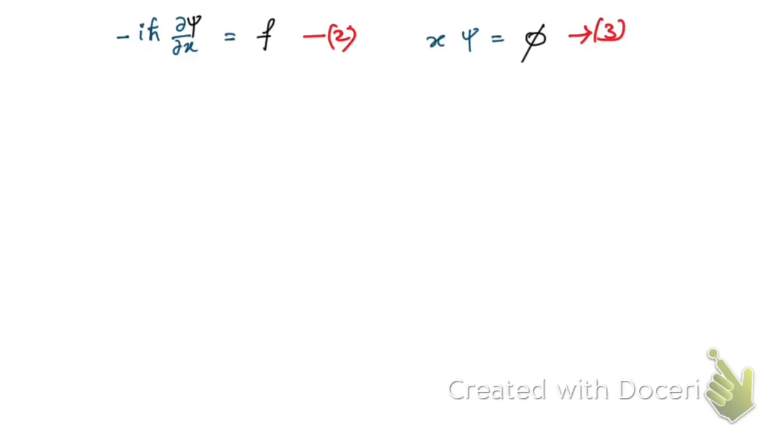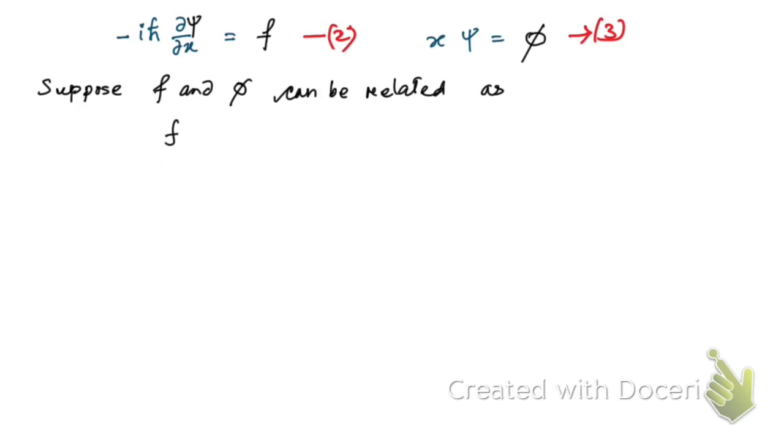Now you see the relation between f and phi. Suppose f and phi can be related as f is equal to alpha into phi.